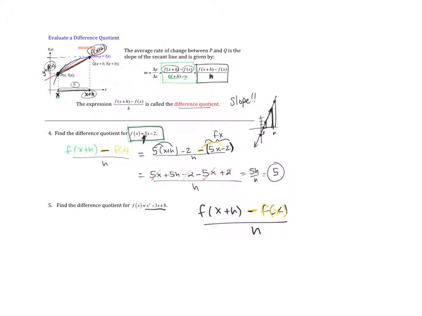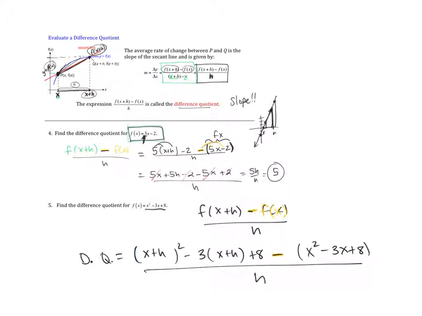Okay, so the function f is x squared minus 3x plus 8, and instead of x, I'm going to put in x plus h. So here's the difference quotient. And then make sure that I subtract my f of x. So f of x is x squared minus 3x plus 8. And that is all over h.